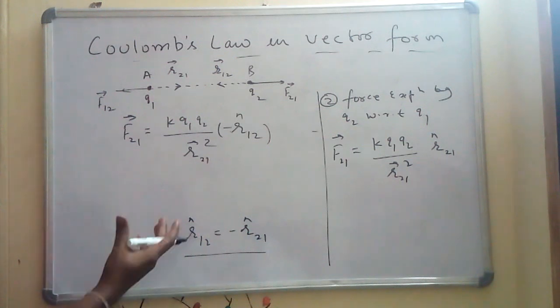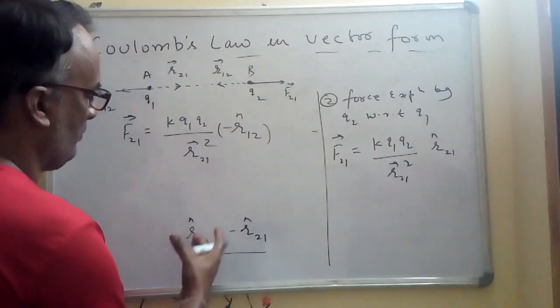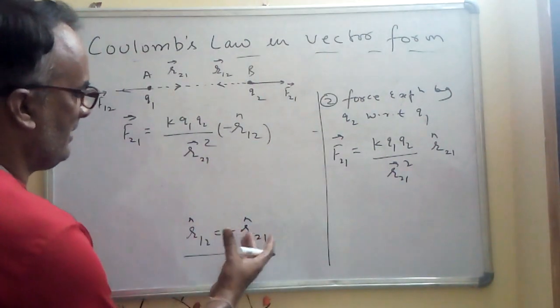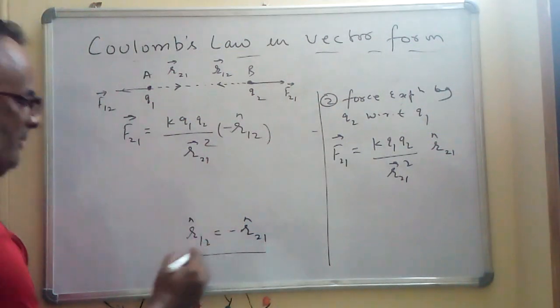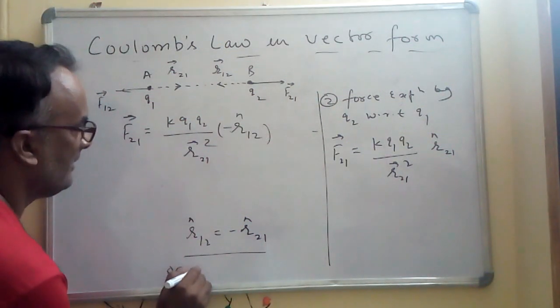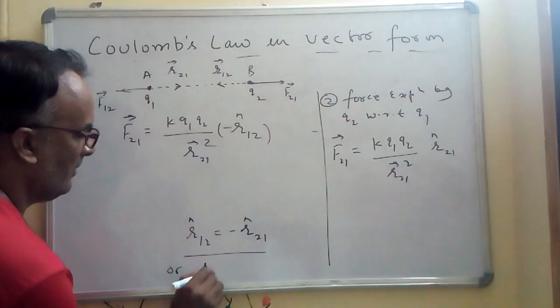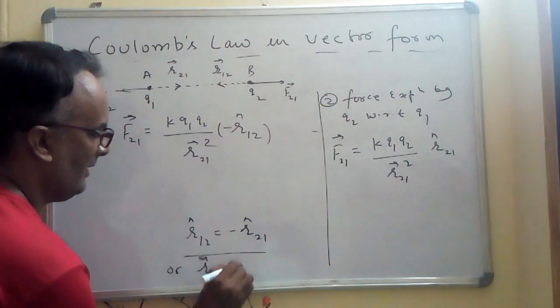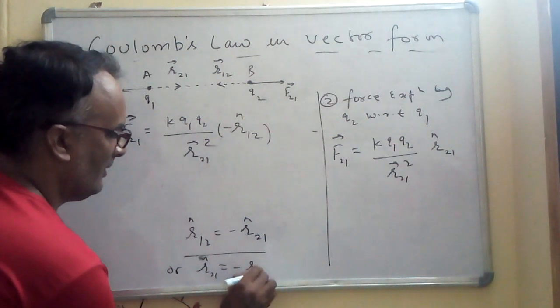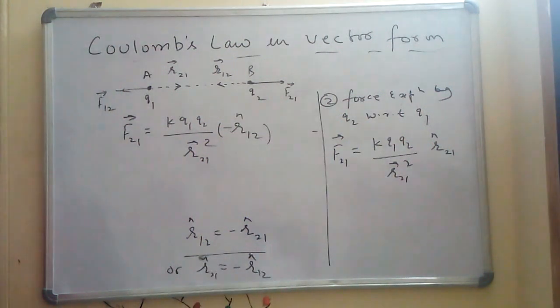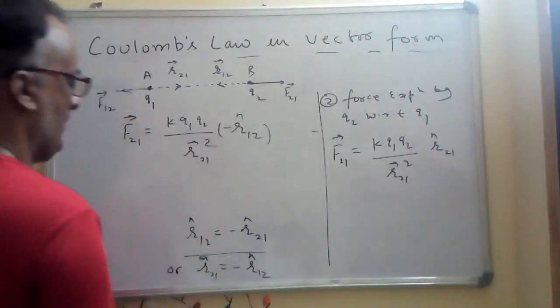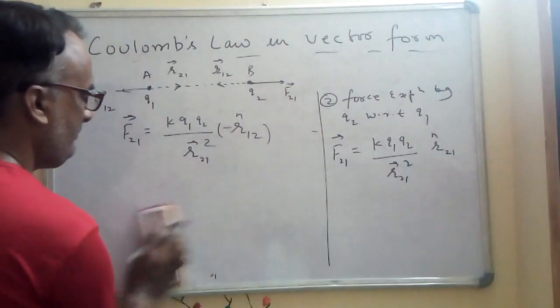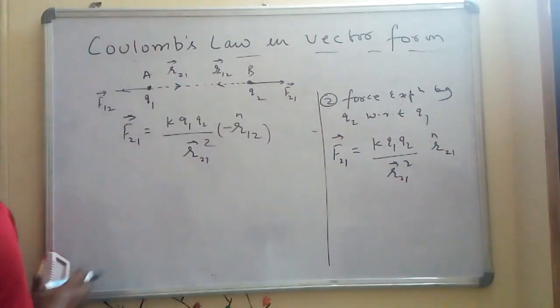So R21 can be written as minus R12. We can also write it like this, that is R21 equals minus R12. So we use this here. Okay, see, so it will be what?